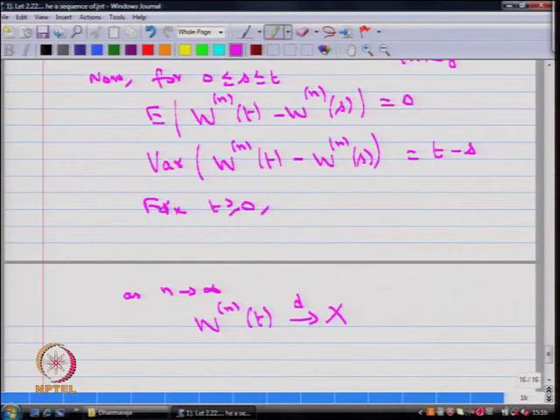Using CLT, one can conclude W_n of t converges to the random variable X in distribution, where X is normal distribution with the mean 0 and the variance t.